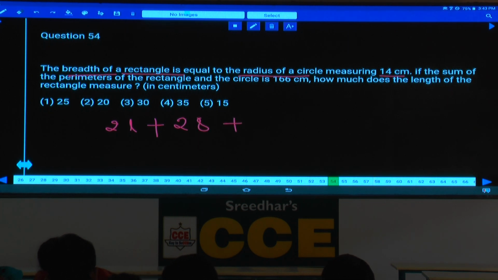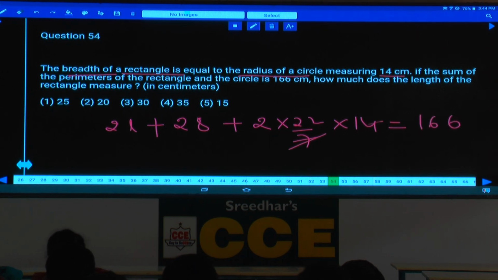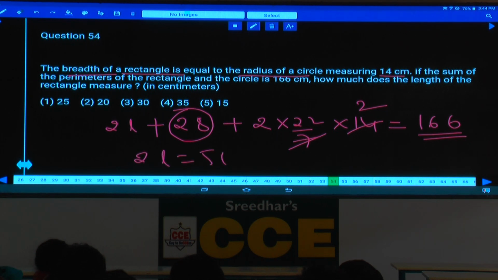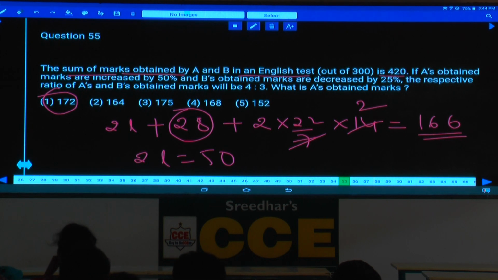Circumference is 2 pi r, 2 into 22 by 7 into 14, which is 88. 88 plus 28 is 116. Subtract 116 from 166, 50. 2L is equal to 50, L is equal to 25. Okay now? Next.